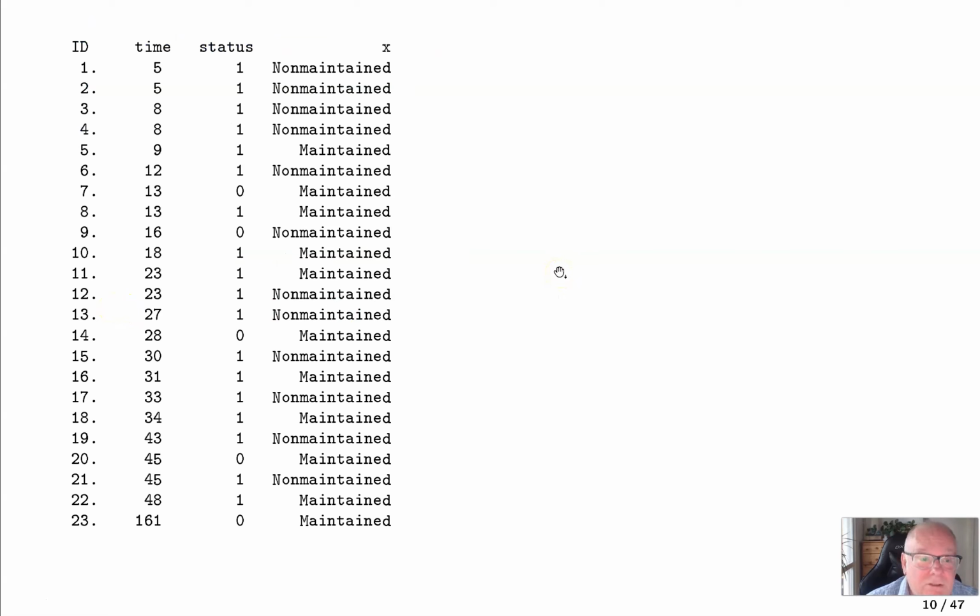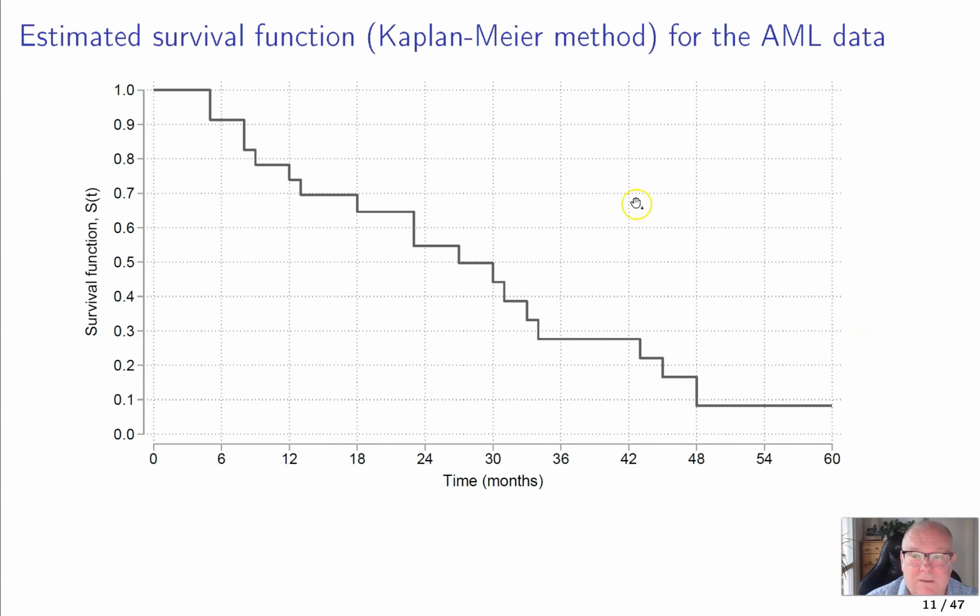This is what the data looks like. We have 1 row for each patient with the time, the status, and the value of the exposure. Now, this is the survivor function for these data. So this is the probability of surviving, the probability of not experiencing the event, which is death.